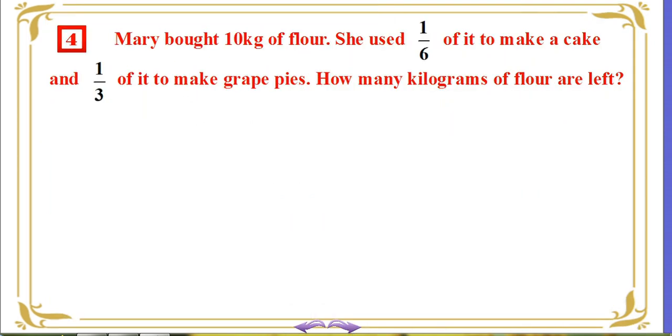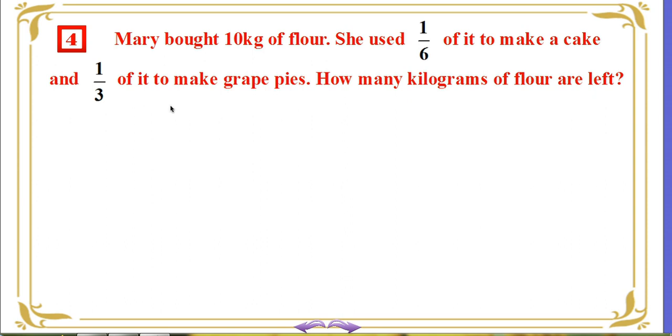Mary bought 10 kilograms of flour. She used 1/6 of it to make a cake and 1/3 of it to make crab pies. How many kilograms of flour are left? Still similar to the previous exercise, we calculate 1/6 of 10 kilograms by replacing the word "of" with multiplication, and we calculate the amount of flour used to make the cake.